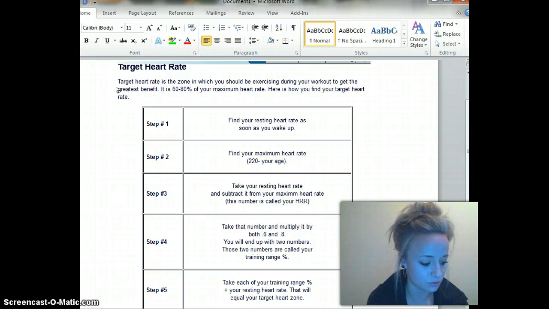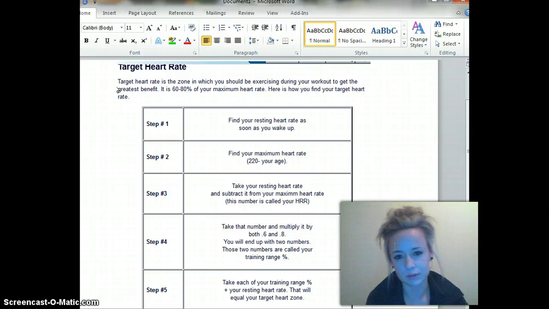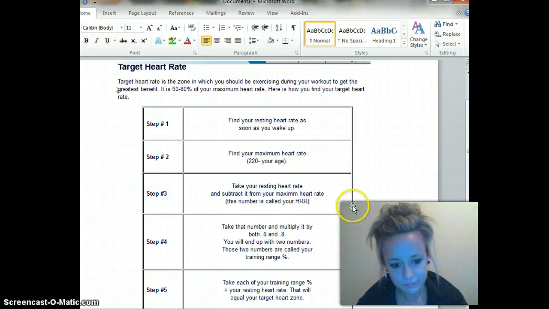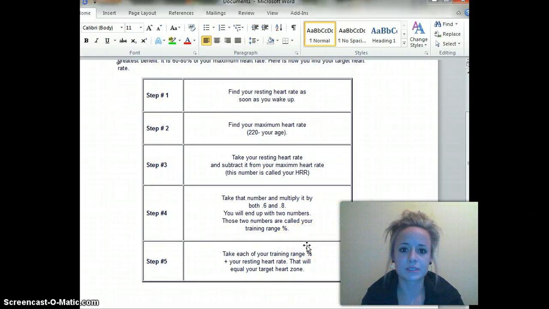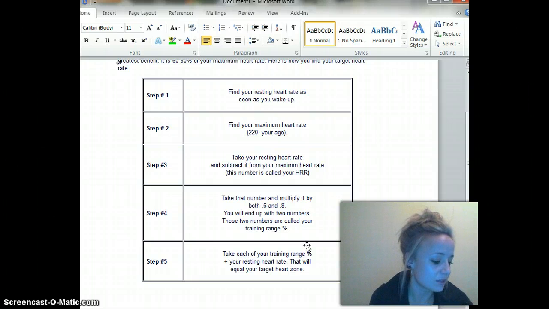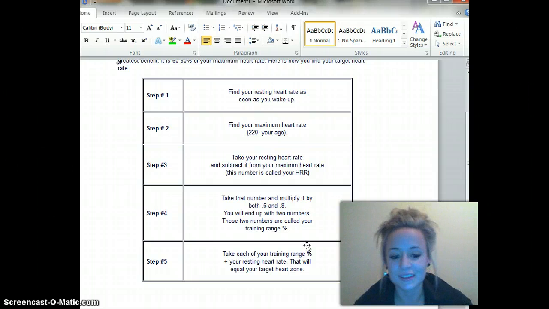So heart rate reserve times 0.6 and times 0.8 gives us, in this case, 88 and 117. Now we're not done, because for each of those numbers I need to add 60. I'm going to add back in my resting heart rate.